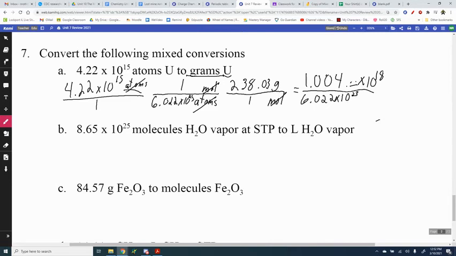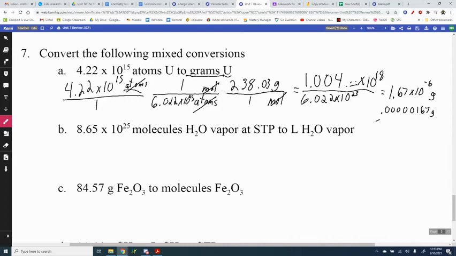We divide those two, and we get for our final answer 1.67 times 10 to the -6th grams. Okay, for those of you that are not super great at scientific notation, that is the same as saying 5 zeros, 167 grams.